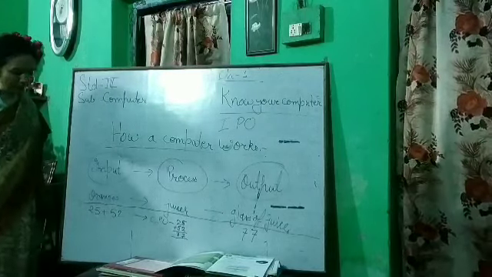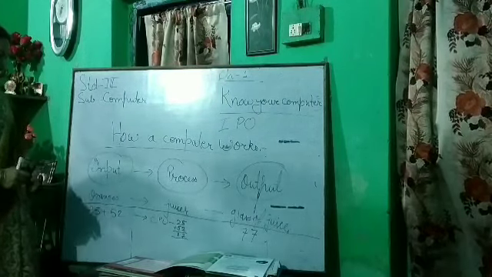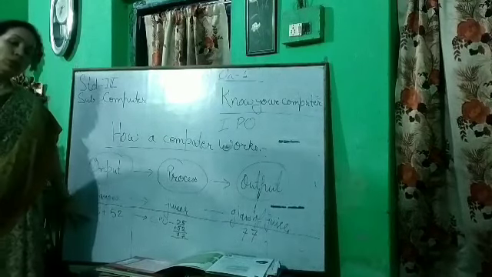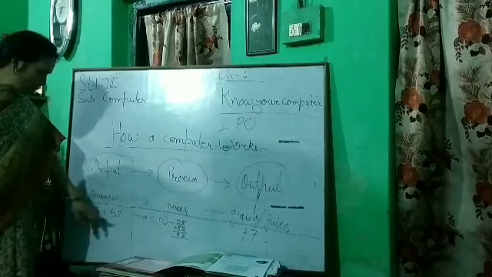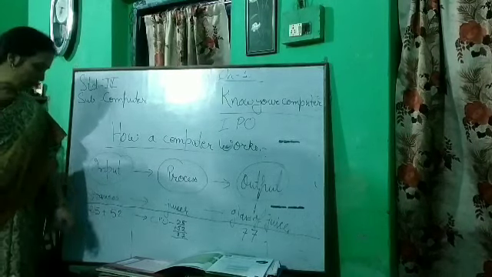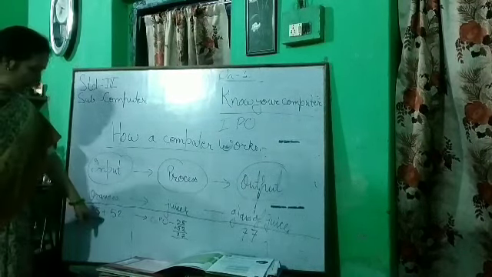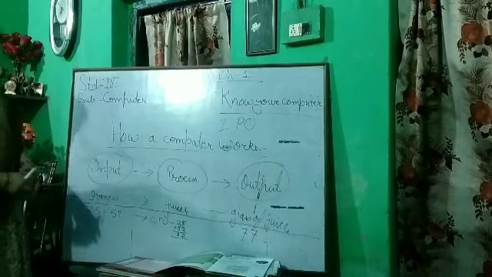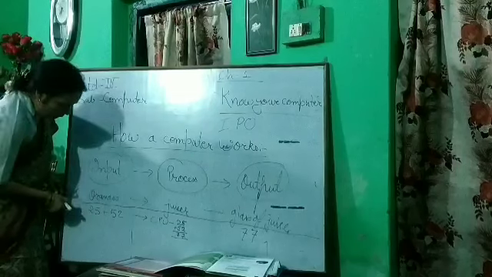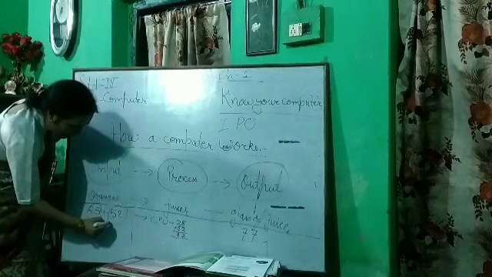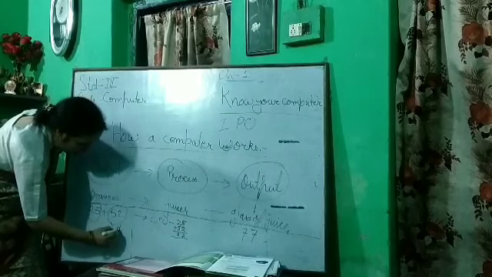This is an addition sum. So the inputs are these two numbers, 25 and 52. And between them there is a plus sign, which is a command. These two numbers can be called data.